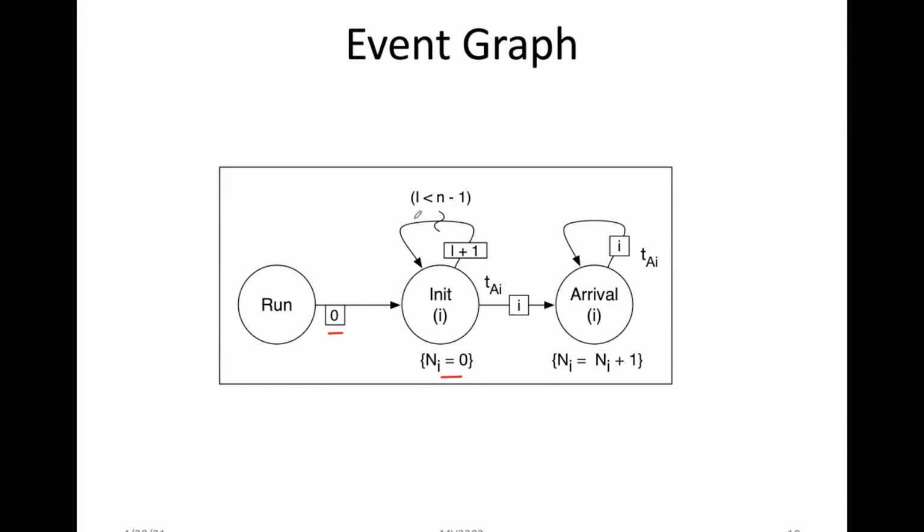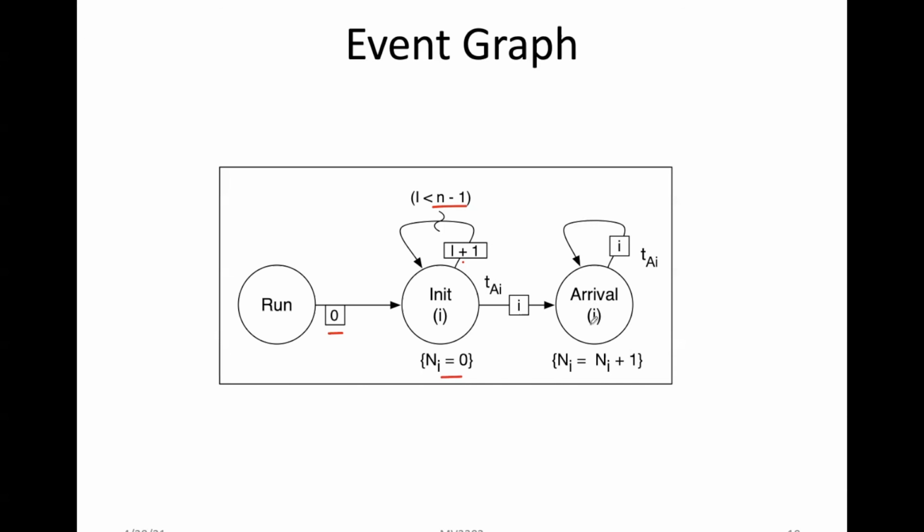And then schedule another one, providing that we don't run out, incrementing i by 1. We've done this a number of times, but every time init occurs now, it's going to schedule an arrival. And here we're just going to have an i, just the index of the arrival, so we're going to pass that to the arrival.